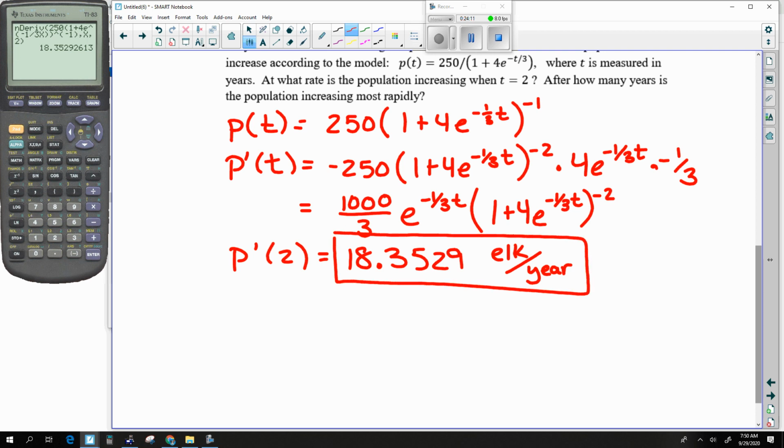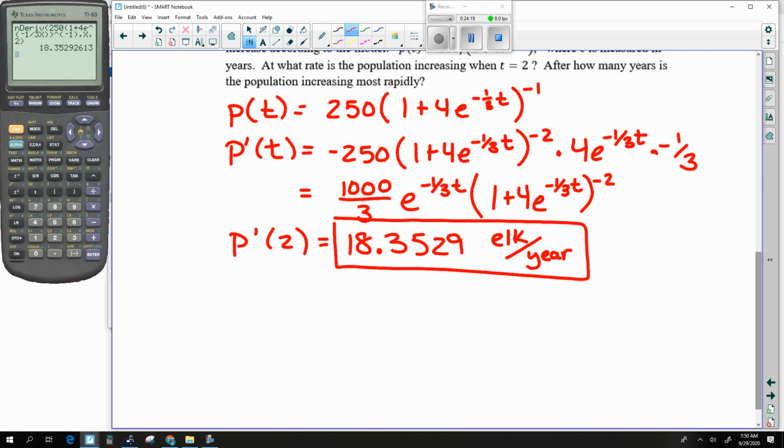Now the next one is, as I said, more tricky. When is the population increasing most rapidly? So they are, in essence, looking for what is the rate of a rate? A rate of a rate. So that is the second derivative. And so what I'm going to do is graph the second derivative and then figure it out from there.